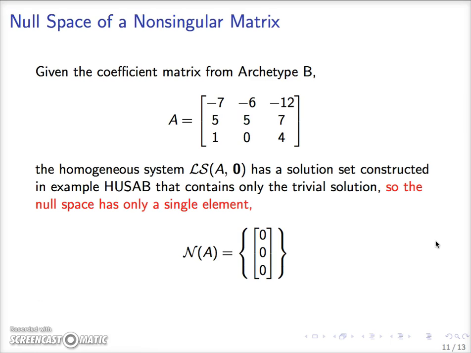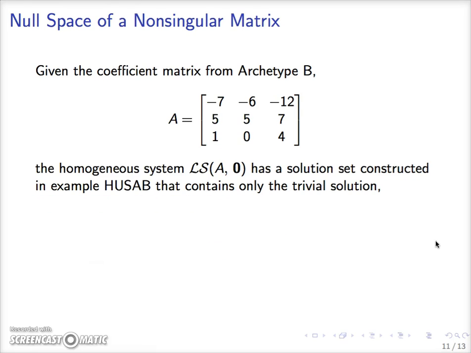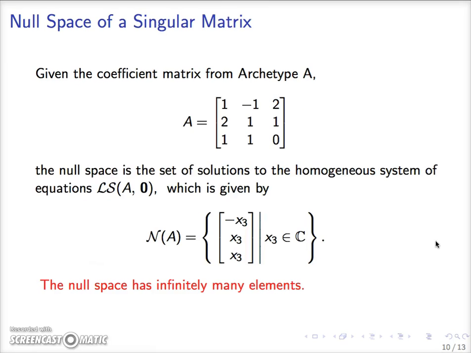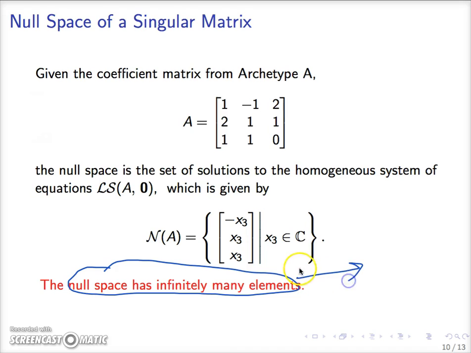So we're trying to illustrate the point that the null space of the matrix in the earlier case has infinitely many elements, and this is related to the fact that A is singular.